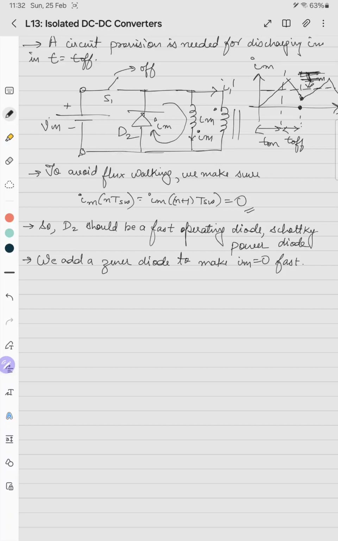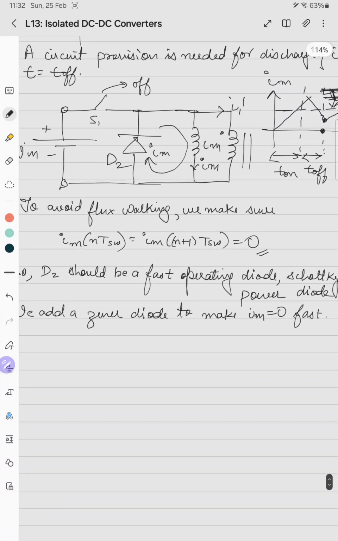So what happens is, if this IM forces diode D2 to be turned on, the voltage across it becomes 0. Now what if the voltage seen by this inductor LM is negative? In that case the rate of fall of IM will be more compared to when there is no additional element.